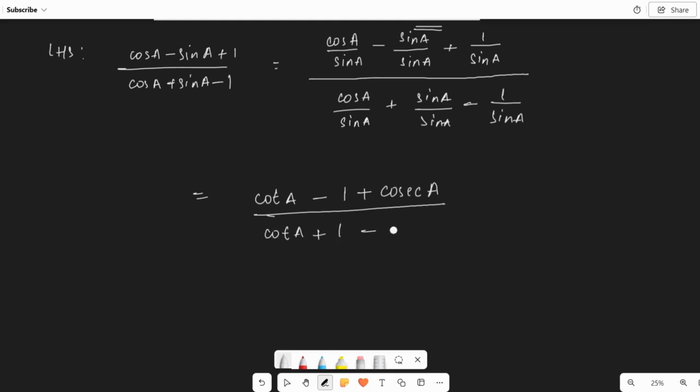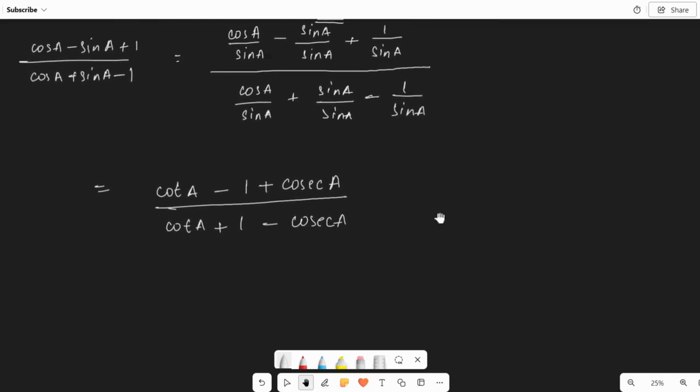Then this becomes (cot A − 1 + cosec A)/(cot A + 1 − cosec A). Okay, so now we are given the identity cosec²A − cot²A = 1. We just need to substitute this identity here.